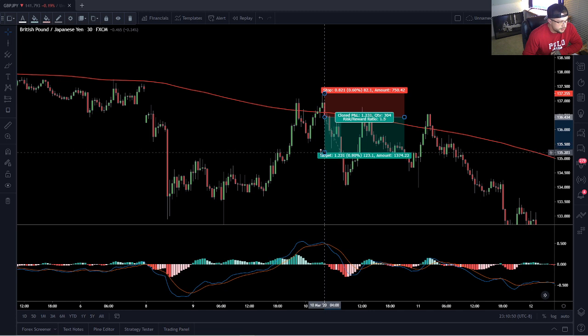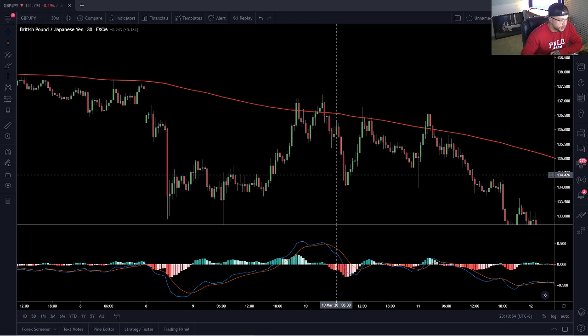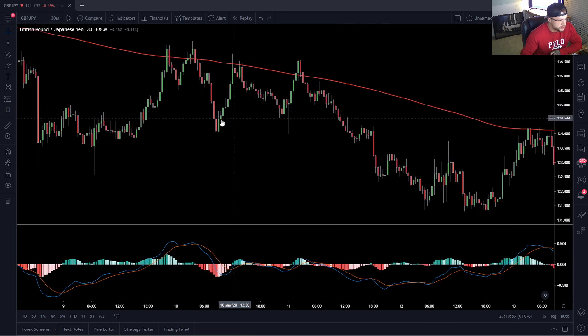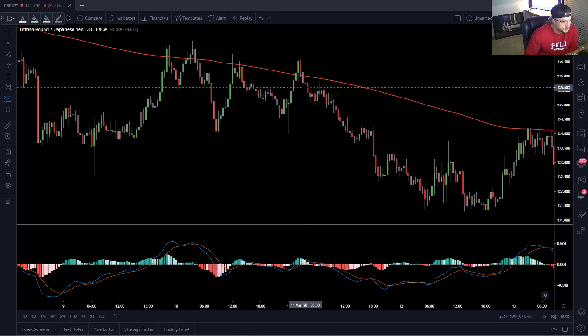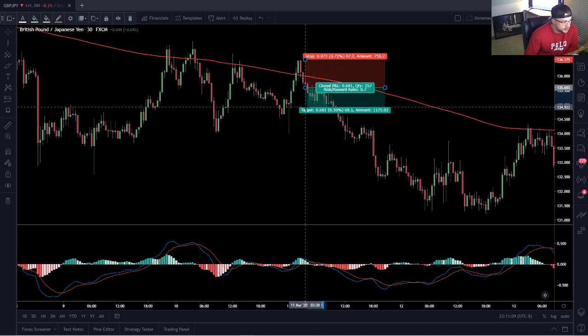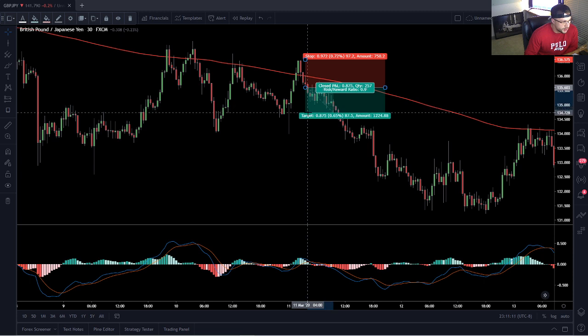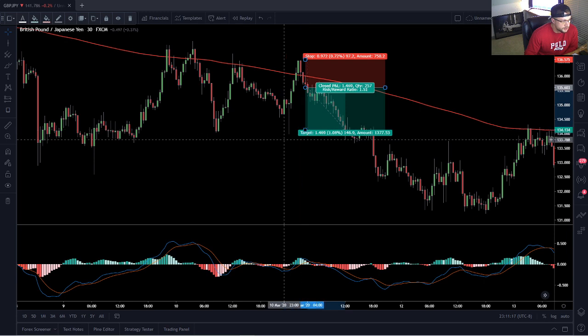But just to keep things crystal clear for you, we're going to make sure we're trading well below the 200 moving average. Like right here. Another one, stop at the high, remaining below the 200 moving average. 1 to 1.5, right down in there.